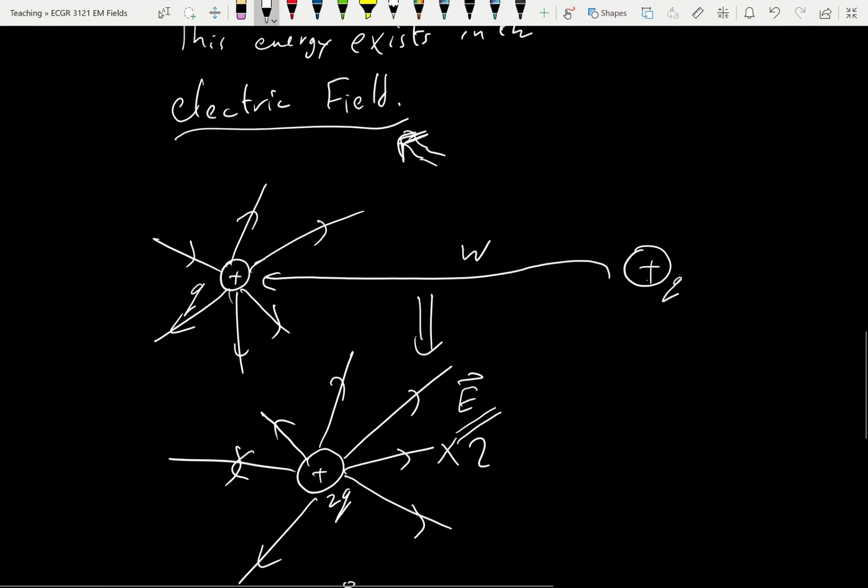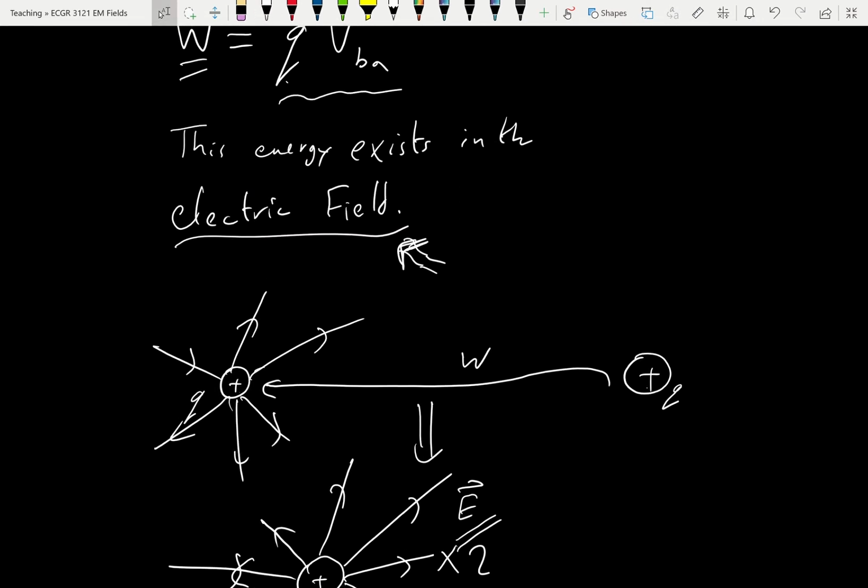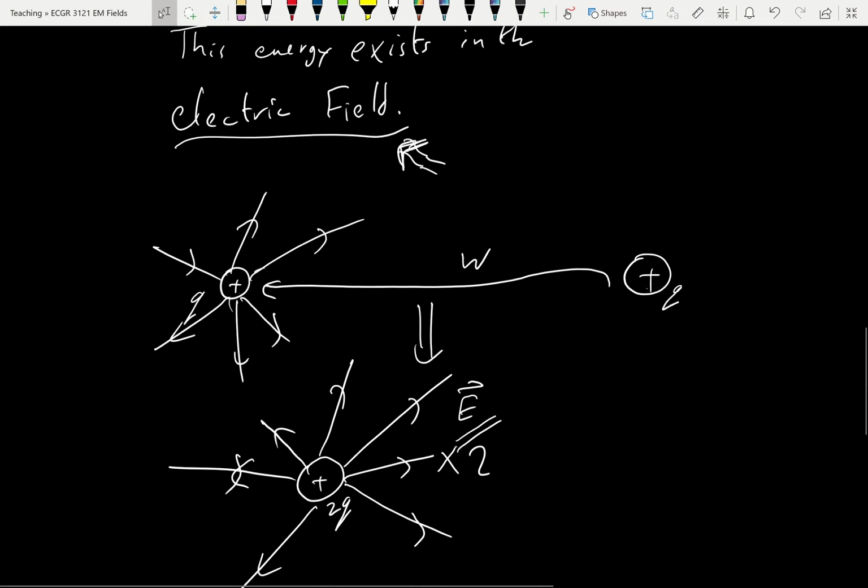Okay, so that's the claim. The claim is that the energy is stored in the electric field, and it makes sense. And we will show why it makes sense. The energy is not stored in the charge. The charge is something different. The charge is the source of the electrostatic field, but it's not where the energy is stored. The energy itself is stored in the electrostatic field.